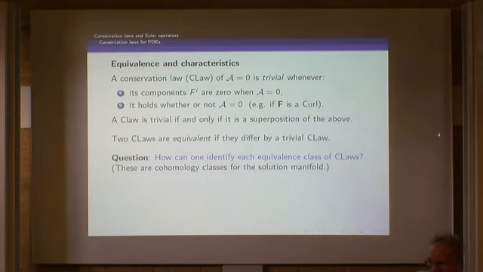So these conservation classes, if you think of cohomology as giving instructions to certain things, well, the solution has to satisfy each of those conservation laws. Those are the instructions.